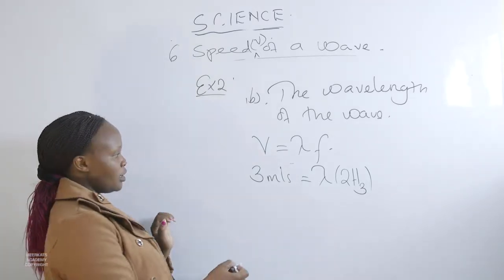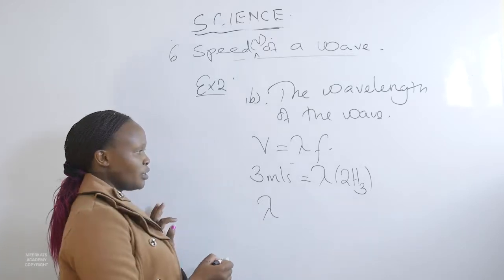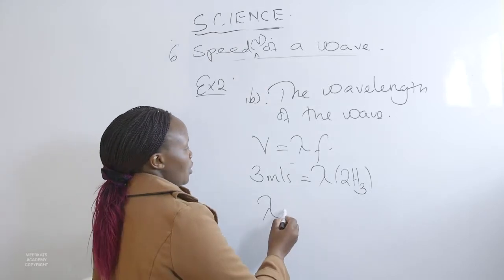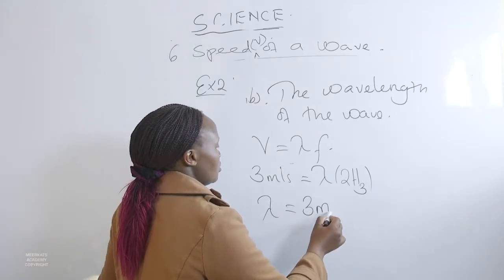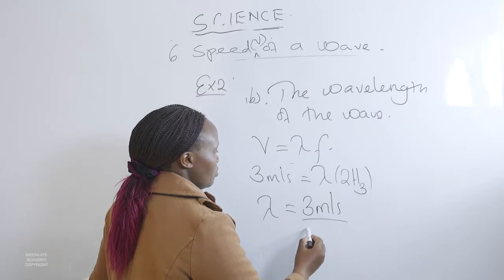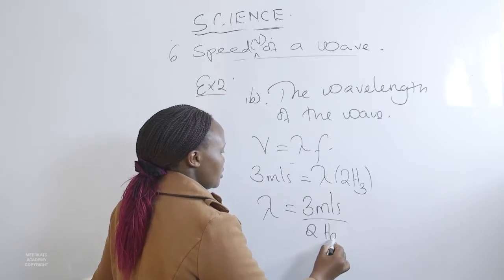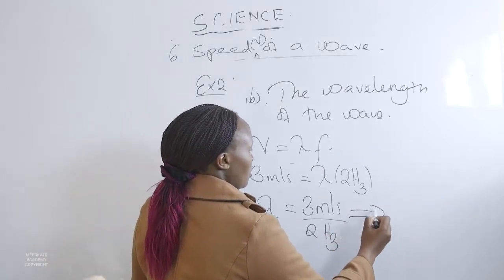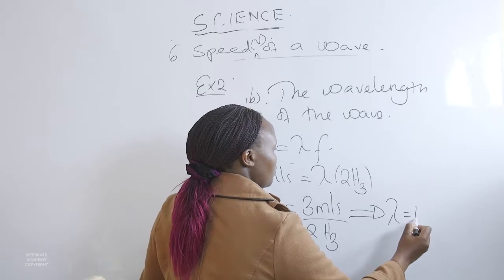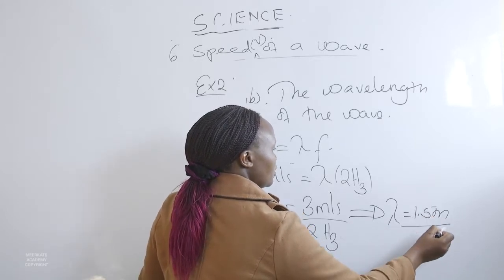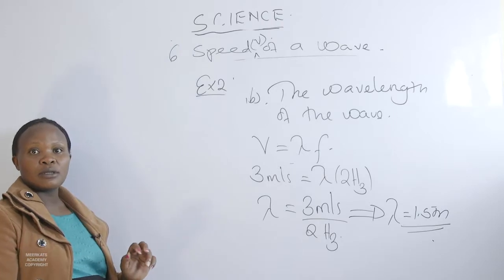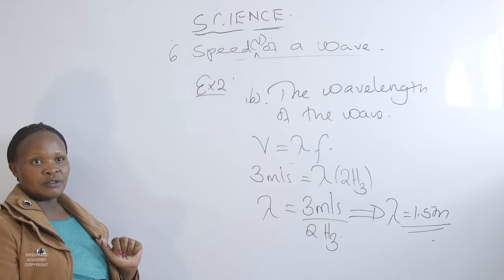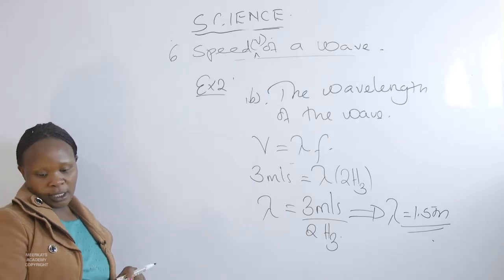Let us collect the like terms so that wavelength becomes the subject of the formula, which is 3 meters per second divided by 2 hertz, so that now our lambda becomes 1.5 meters.